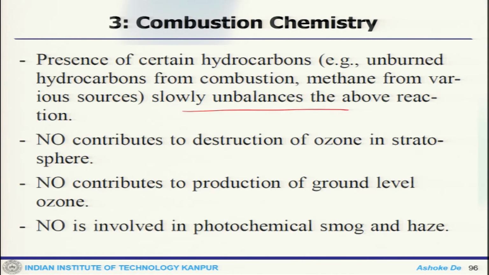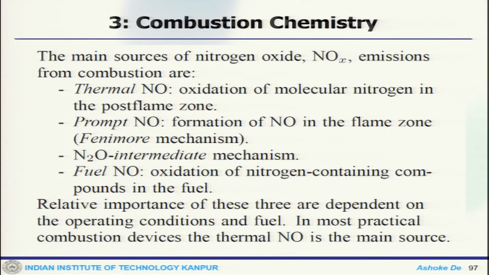NO has a serious impact: it contributes to the destruction of ozone in the stratosphere. Secondly, it contributes to the production of ground level ozone. Also, it is involved in smog and haze and all these things. So, this is a serious concern.